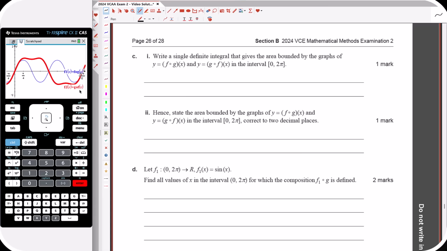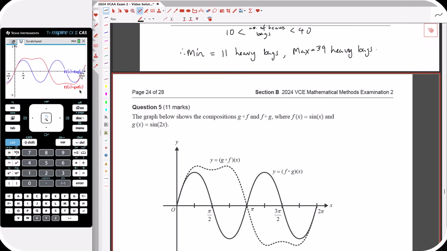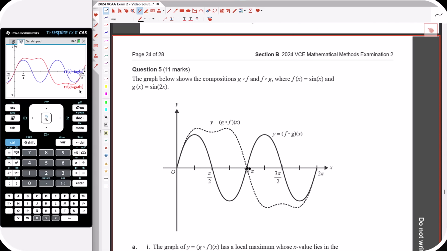We can see from the graphs we had drawn back here that they both clearly intersect at pi. So if we want the area bounded between them, we're looking for this bit of area here and also this bit of area here.